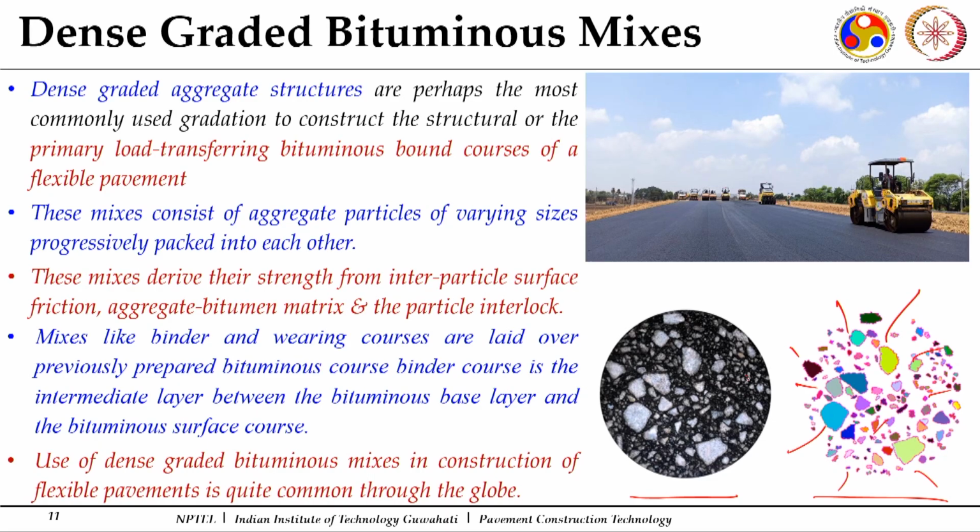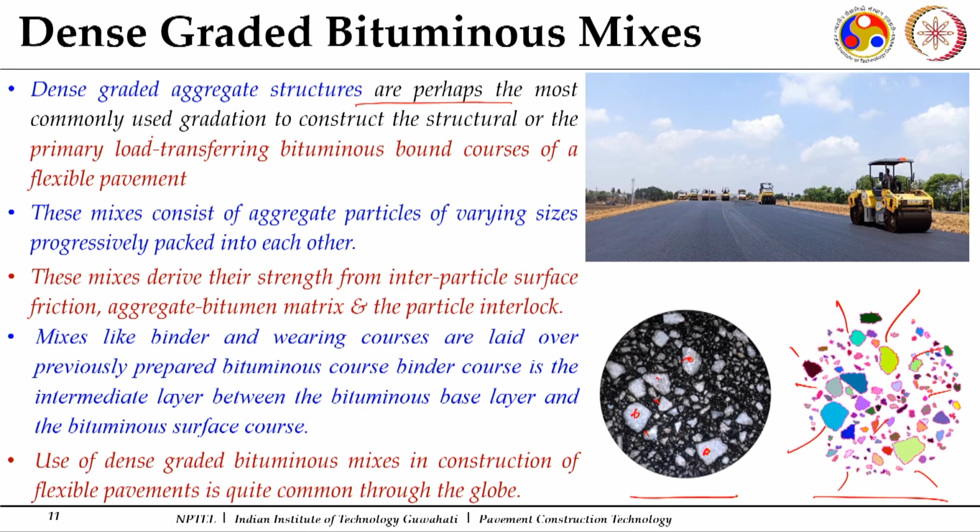You can see this matrix: a coarser particle, finer, more finer. Then some of the fines get embedded into your bitumen also. So it forms a bitumen matrix, or we call it a filler bitumen mastic also. So it's a matrix which gets formed with the filler, fine aggregate and binder along with this coarse aggregate.